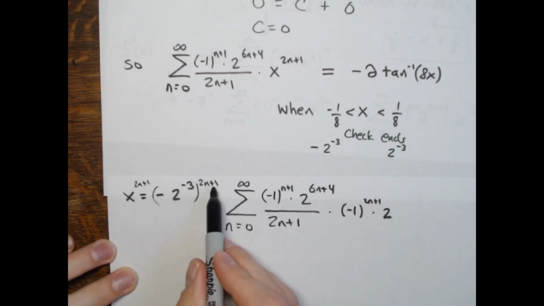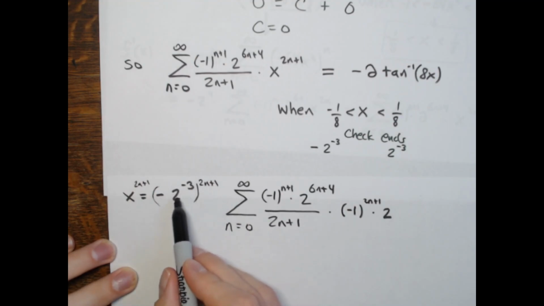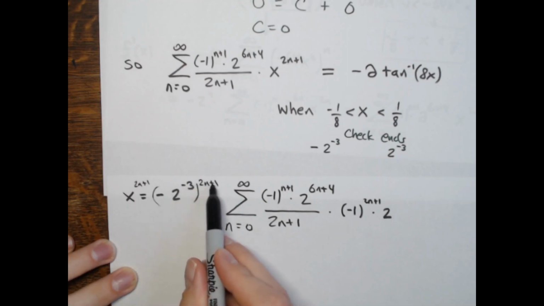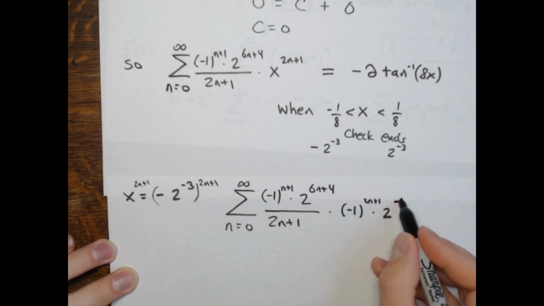That's why I got negative 1 to the 2n plus 1, and then 2 to the negative 6n minus 3.